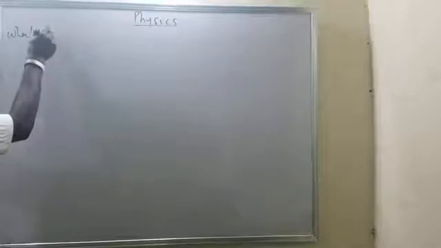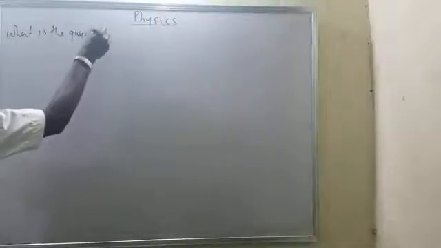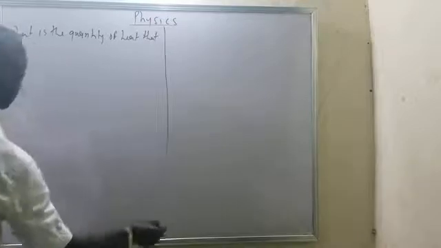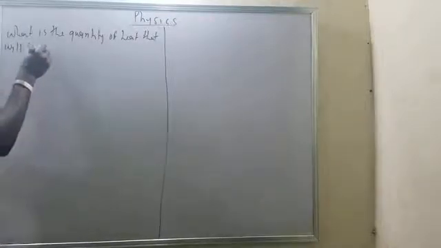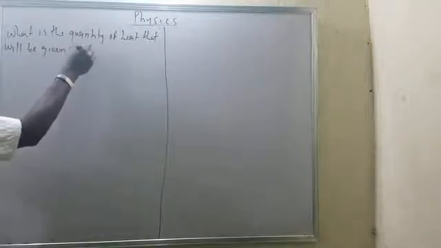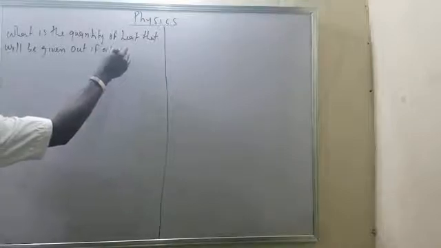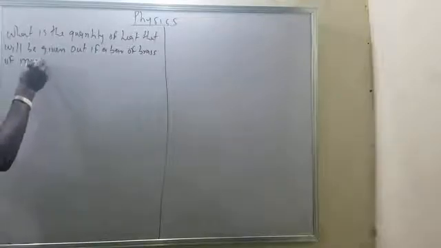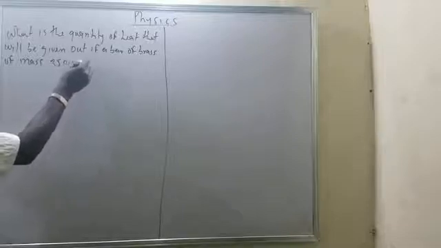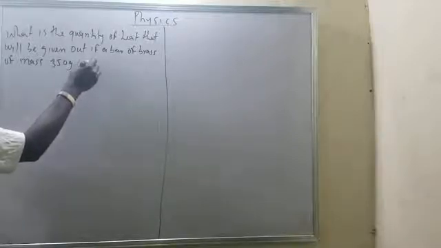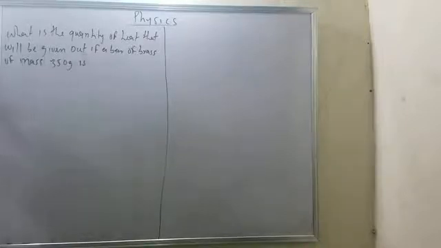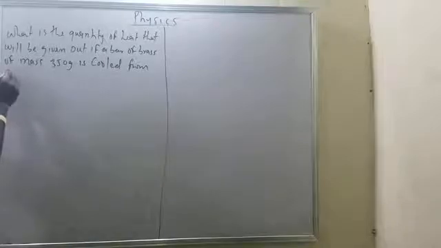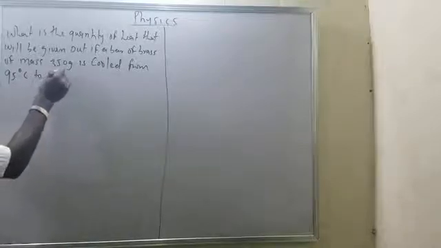What is the quantity of heat that will be given out if a bar of brass of mass 350 gram is cooled from 95 degrees Celsius to 20 degrees Celsius?